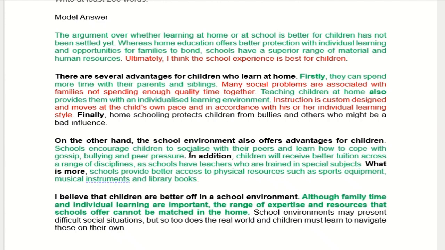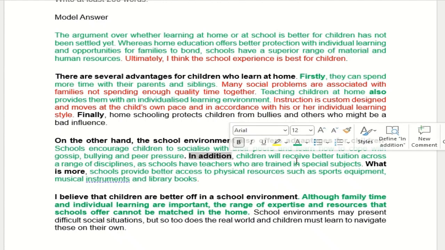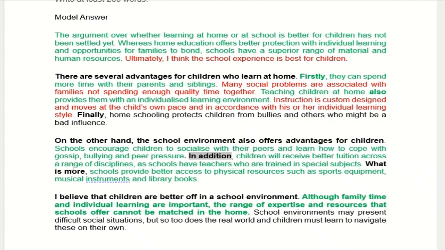And then the second reason given here, it says, in addition, children receive better tuition across a range of disciplines. And why? It goes on to give this: as schools have teachers. This is the evidence, the specific example. This is a piece of evidence. I beg your pardon, you don't say an evidence. You say evidence, or a piece of evidence.